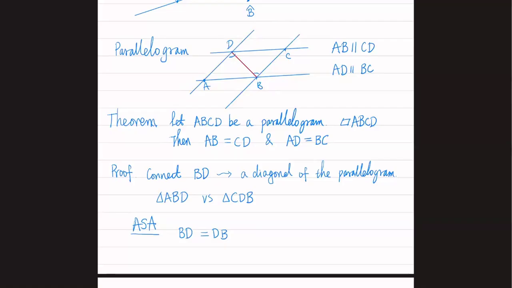Because AD is parallel to BC, the alternate angles ADB and CBD have the same measure.